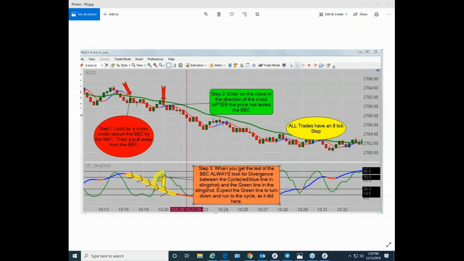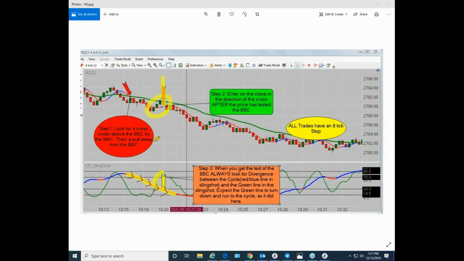But here's the deal. With the green line pulling away from the cycle, just like a slingshot, right, pulling back the rubber band, together with this price action here, the fact that the market came up and did the normal thing and closed in the direction of the trend, the green line pulling away in a market that's bearish, it's got bearish momentum, and it's got a nice bearish slope to it.